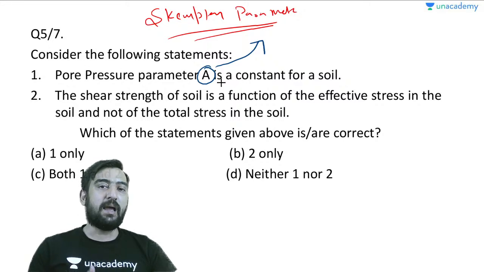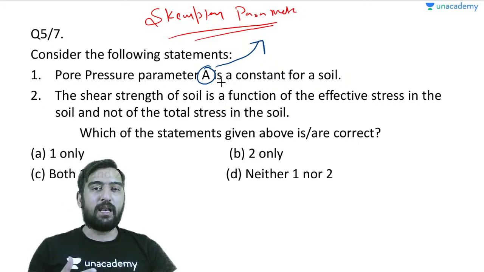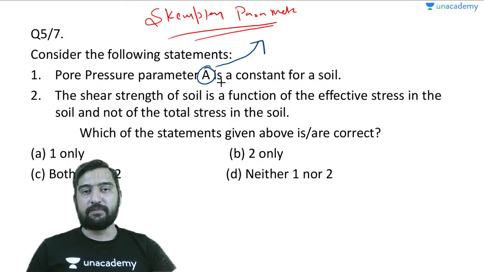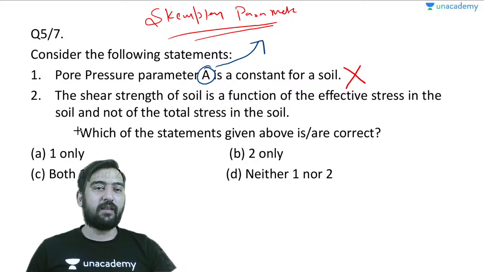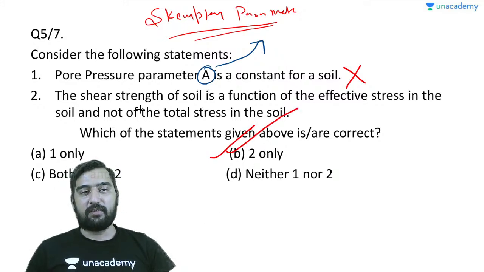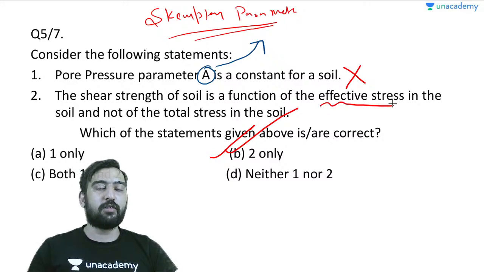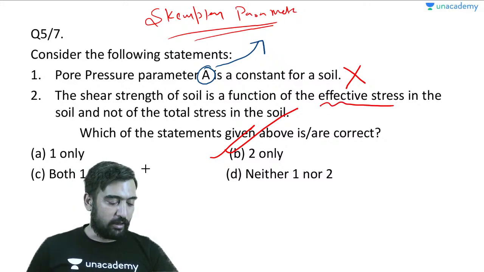It depends upon over consolidation ratio, soil anisotropy, soil molecule orientation, etc. So this A value depends on many factors, so we cannot say it is a constant thing. So if the first statement is wrong, then blindly you can go for option number B. And shear strength of the soil is a function of effective stresses. It is not a function of total stress of the soil.